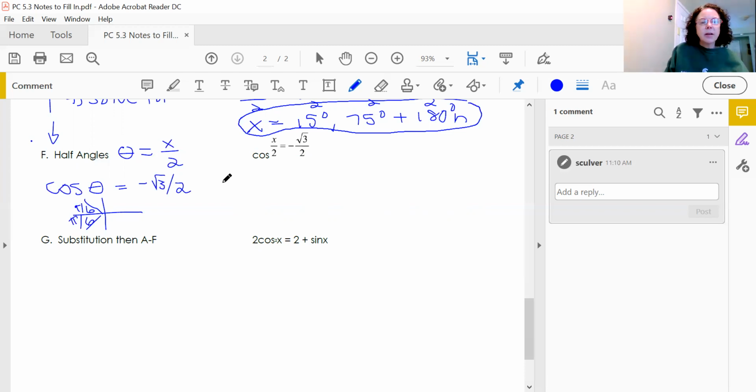These two angles are 5 pi over 6, 7 pi over 6, and those occur every 2 pi n. I could have done degrees. I decided to do radians this time. Now that I've taken care of the trig function, I can now say that my angle wasn't actually theta, it was x over 2. So my theta was x over 2, and now I can solve for x.